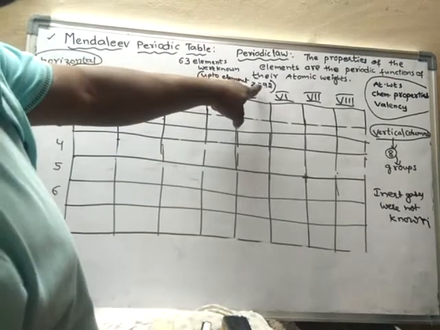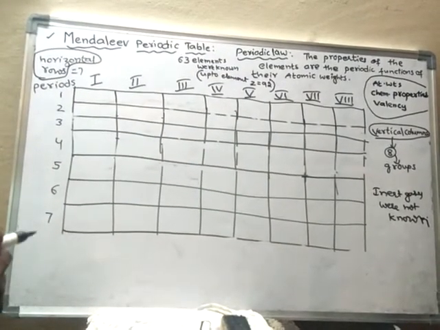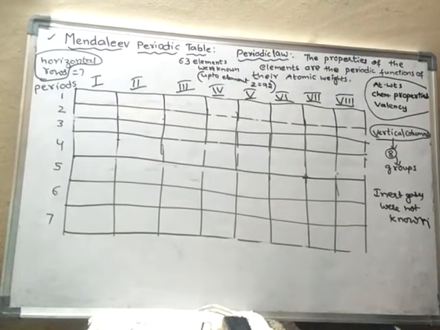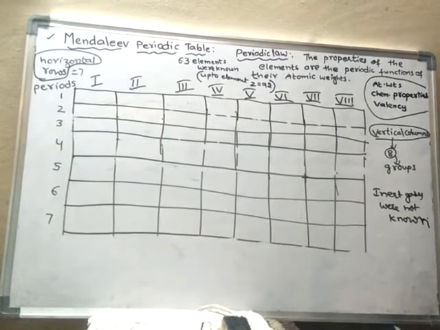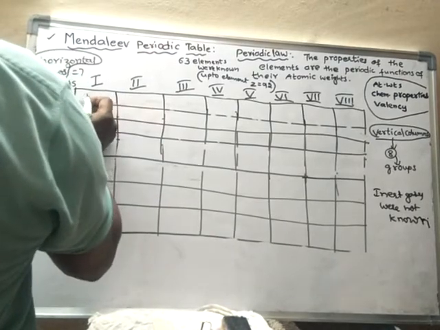The last element's atomic number is 92. That means there are so many elements missing in between atomic number 1 and 92. Altogether there should be only 63 elements. See, the first element is hydrogen.